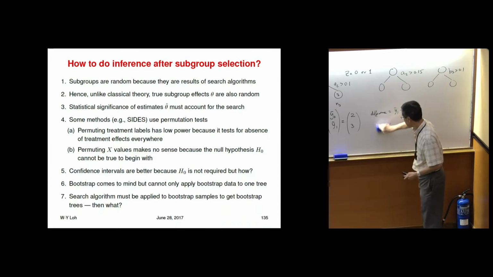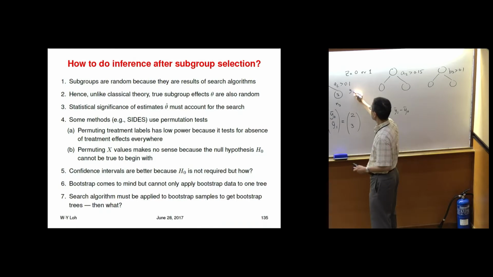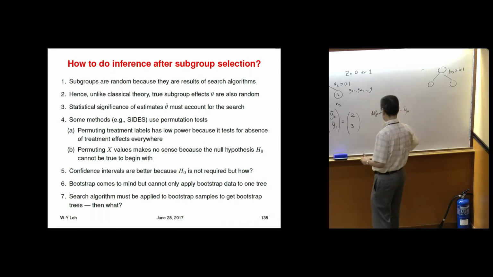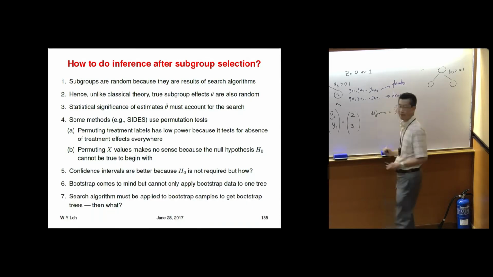You can get the pooled estimate of variance. So let's say the data here are y01, y02 up to y0 n0, and then y11, y12, up to y1 n1. Right? This is placebo, and this is drug, right?